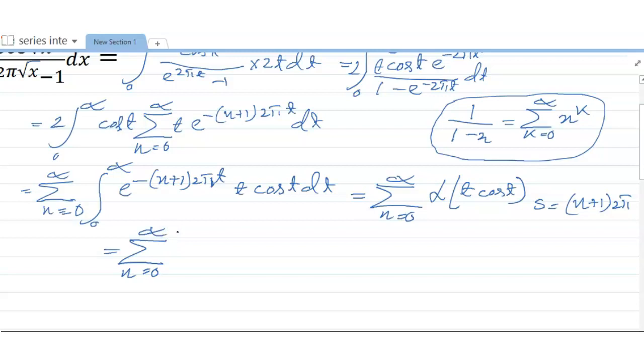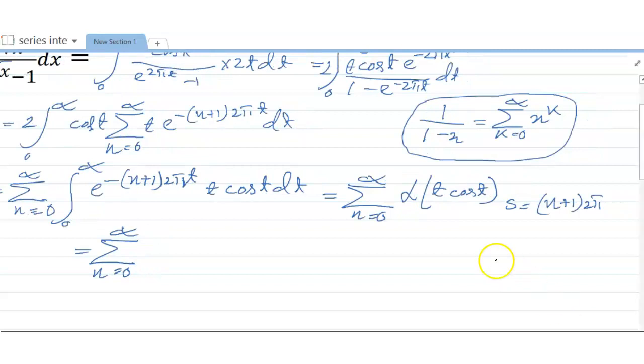After that it can be written as summation n equals 0 to infinity, and L of t cos t can be found from another formula. You have to know the Laplace formula: L of t f(t) is equal to minus f dash s.